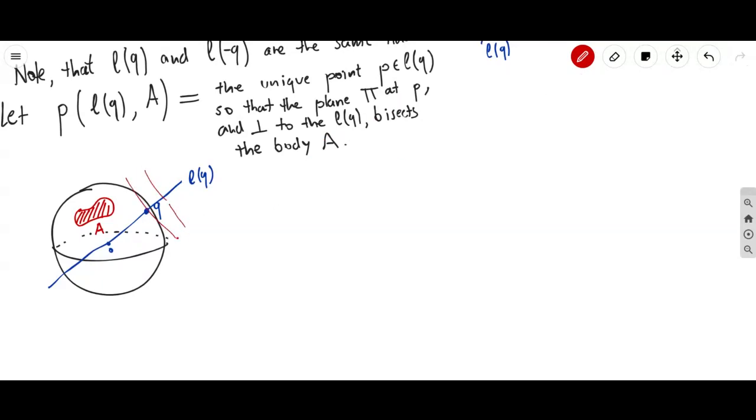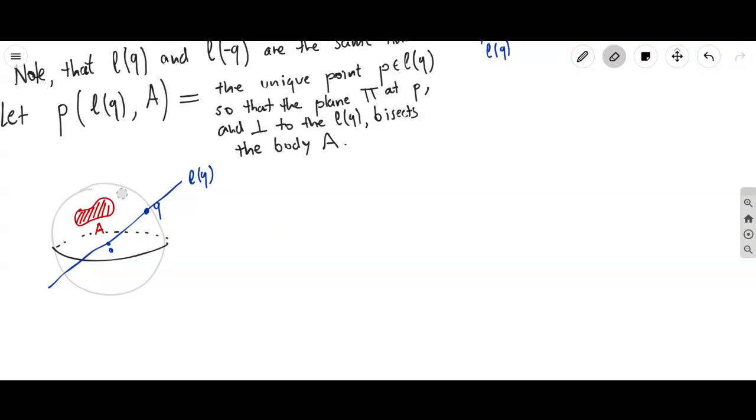So here's a plane that's perpendicular to the line, but it's outside the sphere. Now, notice it's not bisecting the region. But you can take that plane and move it a bit closer inside. So then here's your plane. Now you can see that your plane is cutting a piece of it, but it's not cutting it perfectly in half.